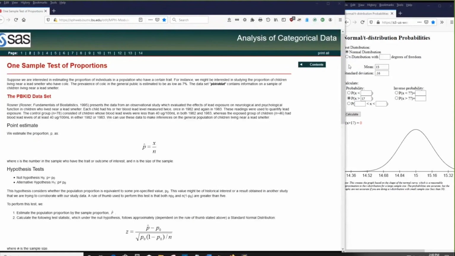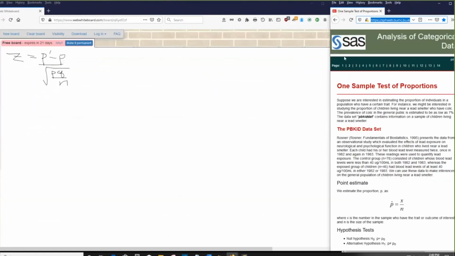This is from Boston University. Your book gives you practice problems with populations, but it doesn't really tell you how to solve them. So this is a good website from Boston University.